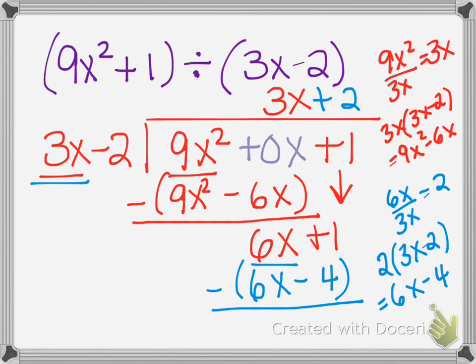And I'm left with 1 minus negative 4, which is plus 4, so 5 is our remainder. So our final answer is written 3x plus 2 plus 5 over our divisor.